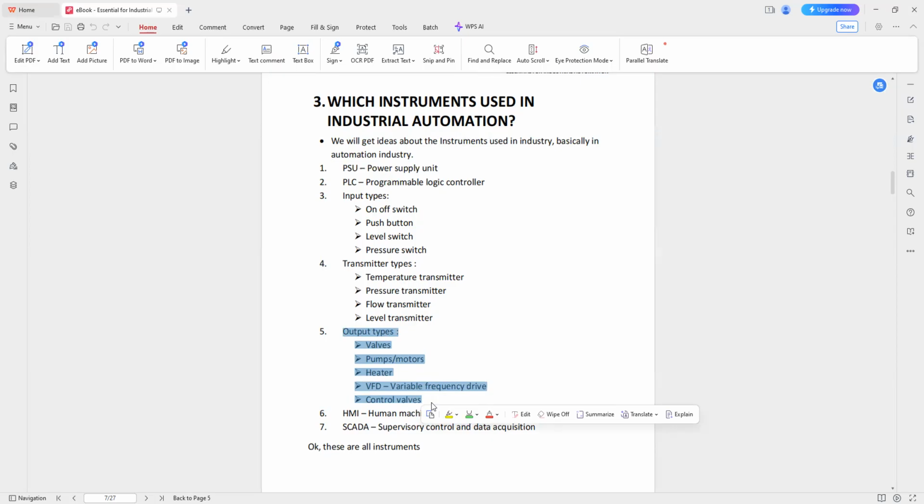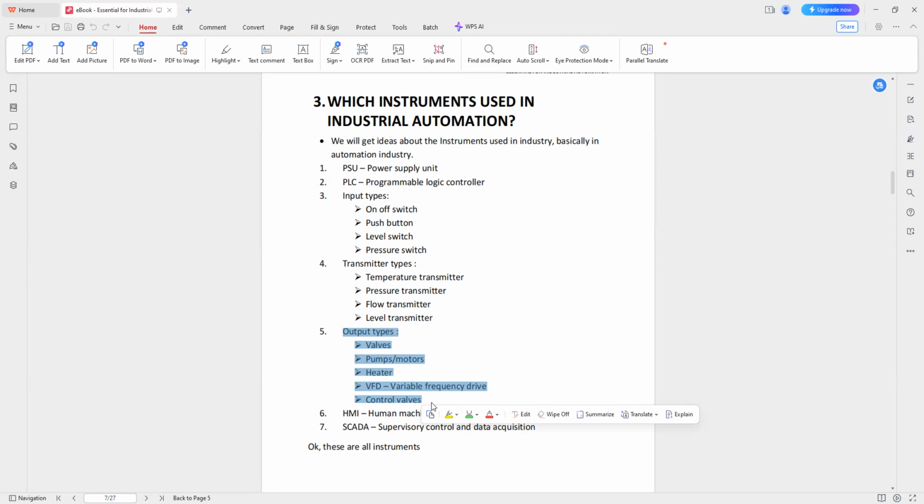For example, the PLC needs to open one particular valve if the temperature is more than 50 degrees centigrade, right? So if you write some kind of logic, like if the temperature is greater than 50 degrees, open one particular valve. The PLC is opening that particular valve.